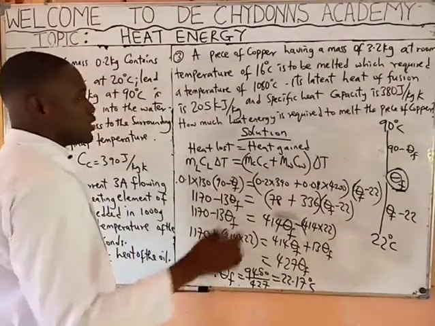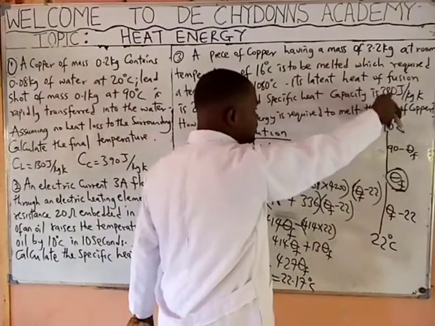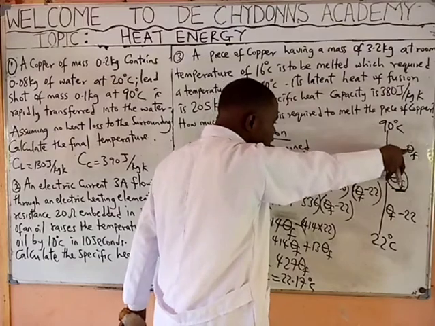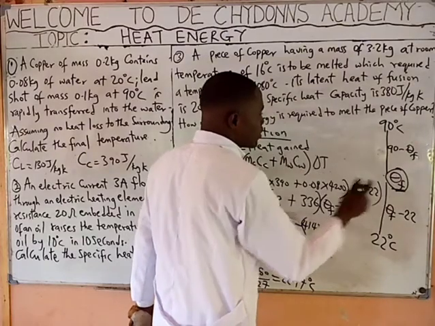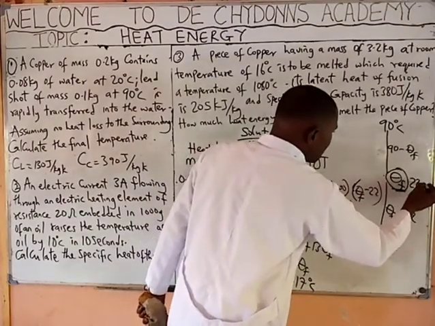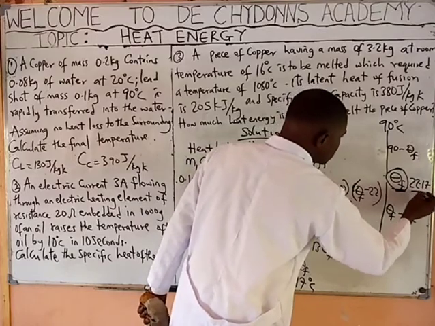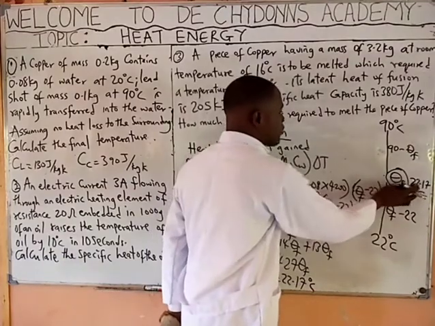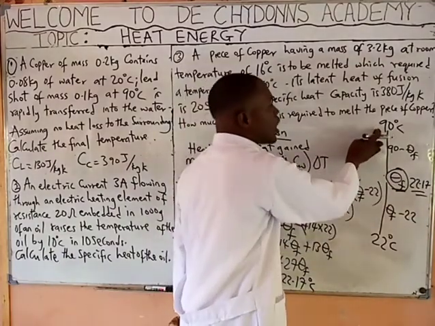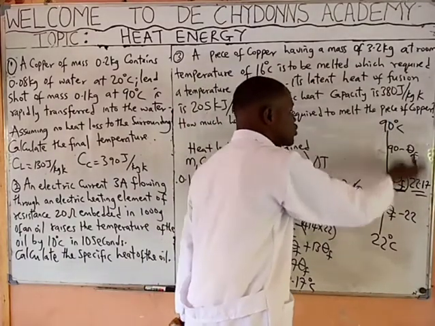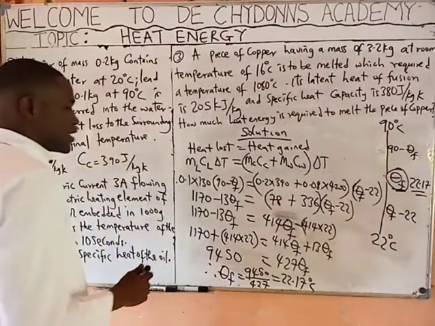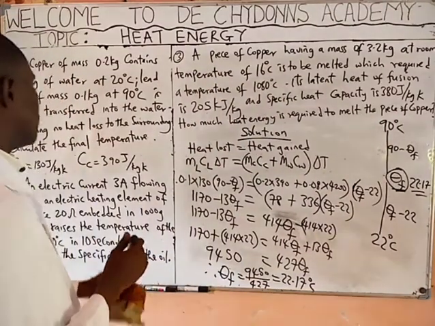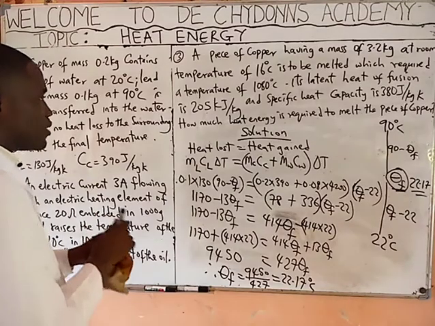So that means that when you put this inside this cold water, they will get to the temperature of 22.17 degrees. So the temperature of the water will increase to 22.17 degrees, while the temperature of the lead will reduce to 22.17 degrees. That is the answer for the final temperature or the equilibrium temperature.